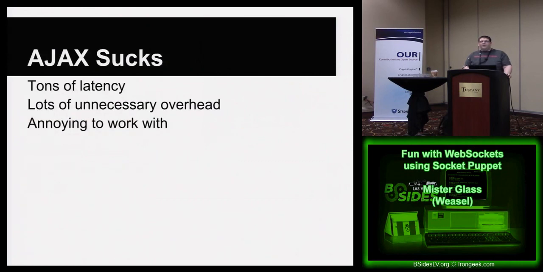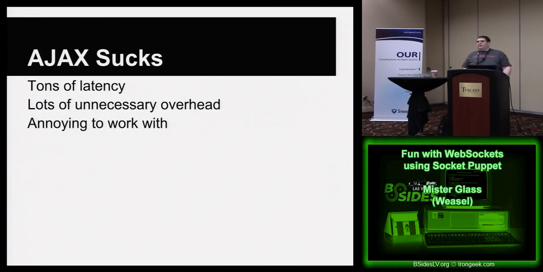So up until recently, up until HTML5, everybody used Ajax, which kind of sucks. It requires you to make an HTTP request and send it off to the server. The server sends a response. And that works great for just pulling information, but when you want real time, you have to poll constantly.